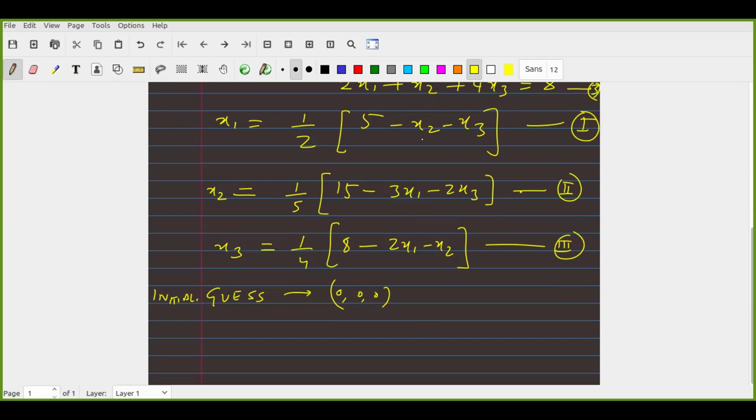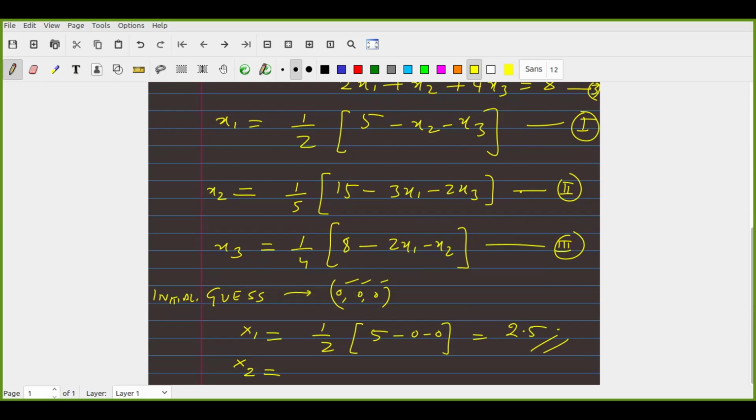So when I put 0, 0, 0, x1 will be 1 by 2 times (5 minus 0 minus 0), which is 5 by 2, which is 2.5. Now the interesting thing is that in Gauss-Jacobi, when we go to x2, we still retain the old values of x1, x2, x3. But here we immediately update, because my x1 value has come as 2.5, so in this x2 formula, I can substitute x1 as 2.5.